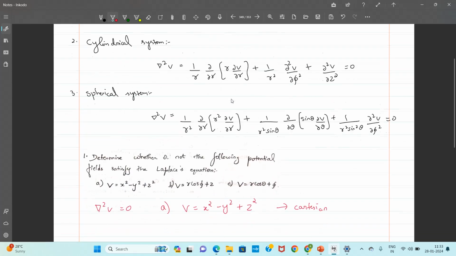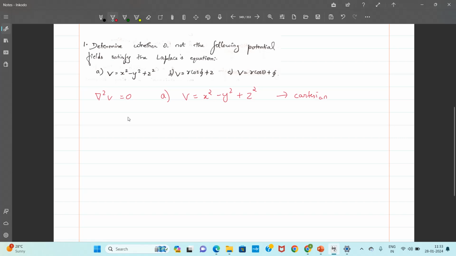So we'll use this equation now. I need to find del square V, which is dou square V by dou x square plus dou square V by dou y square plus dou square V by dou z square equal to 0. I have to perform these differentiations first, then add the results, and check whether the result is 0 or not.